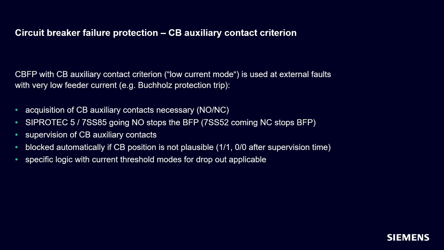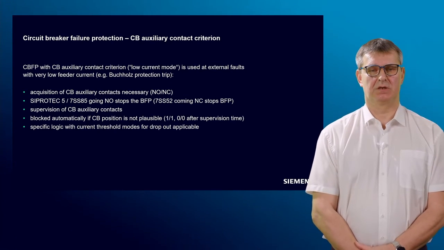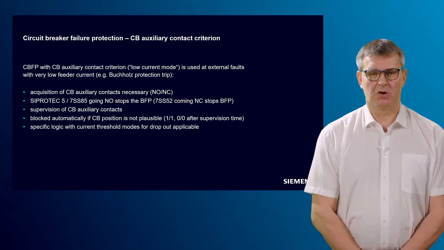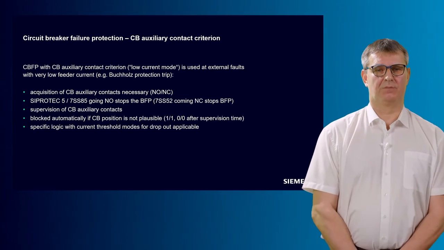But if the current at the moment of the start is above the current threshold, we will nevertheless work with the current criteria, as the current criteria is a more reliable criterion for circuit breaker failure protection. So that's also very important. It's common to Siprotec 5, a very important information.